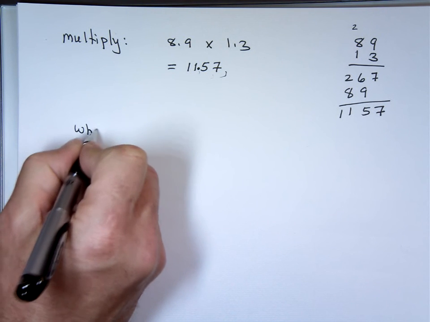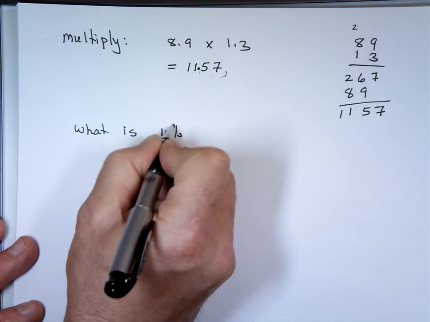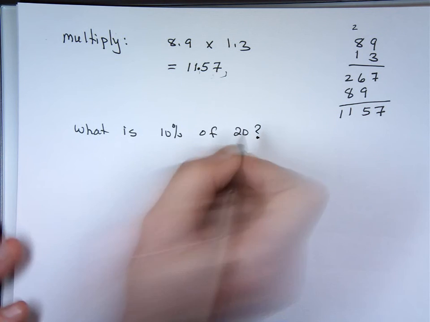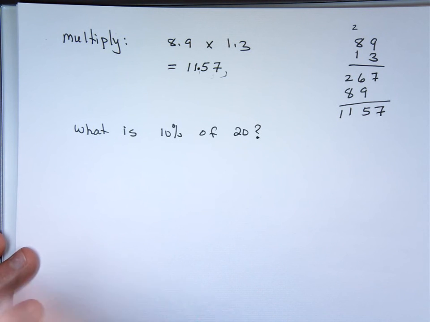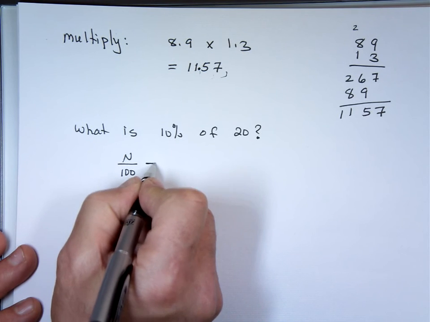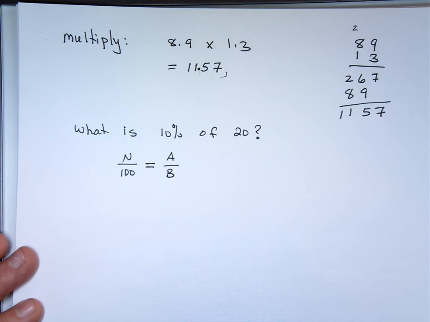What is 10% of 20? N to 100 is the same as the amount to the base. N is the percent always.